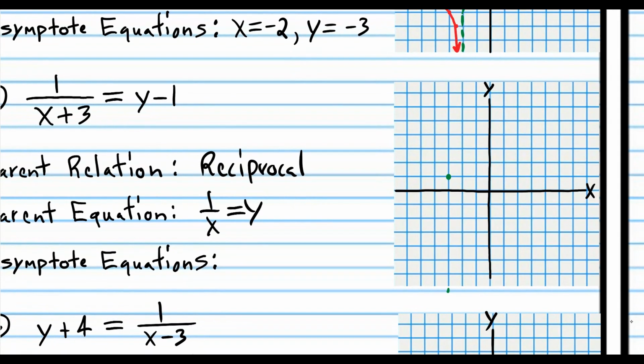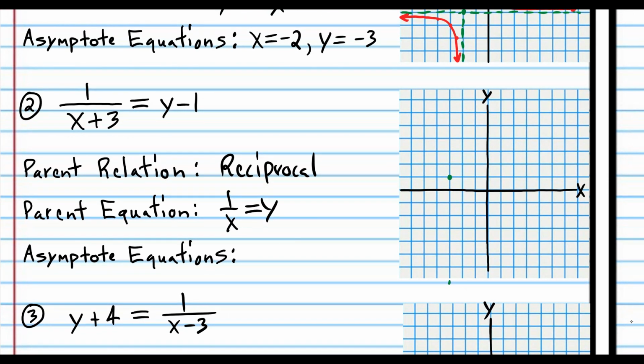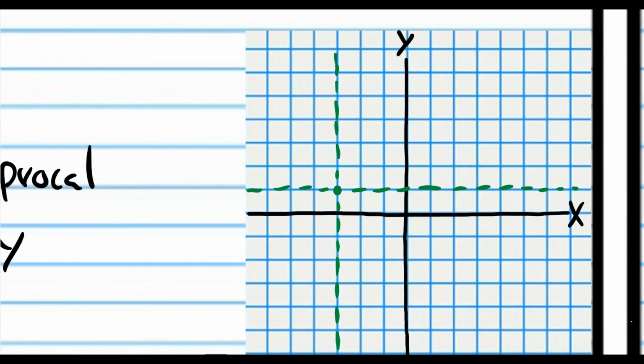And so we went 1, 2, 3 to the left and 1 up. Now again, you're subtracting 1 from y, so you go up. It's the exact opposite of what you would think. Then we draw a vertical dotted asymptote through that point and a horizontal dotted asymptote through that point. It's the same procedure every time we do this.